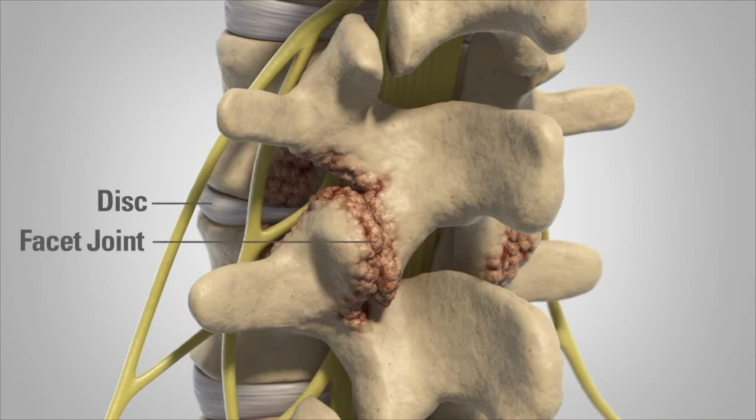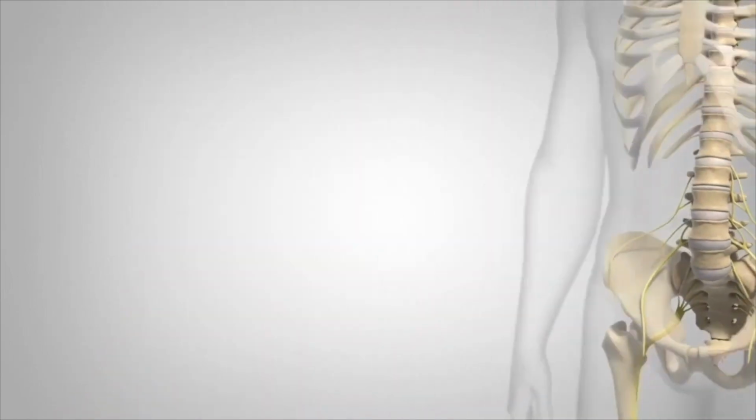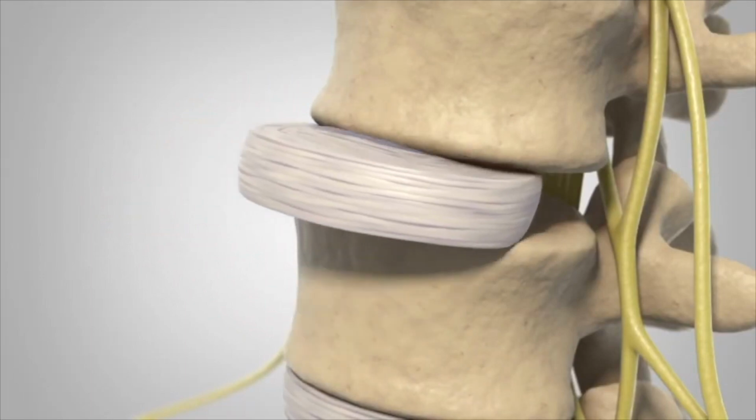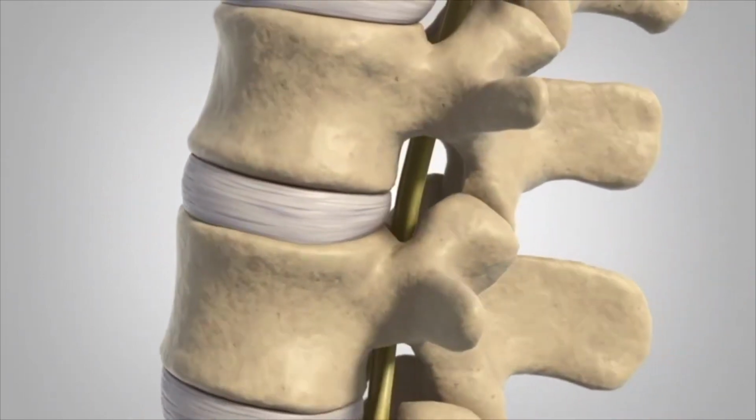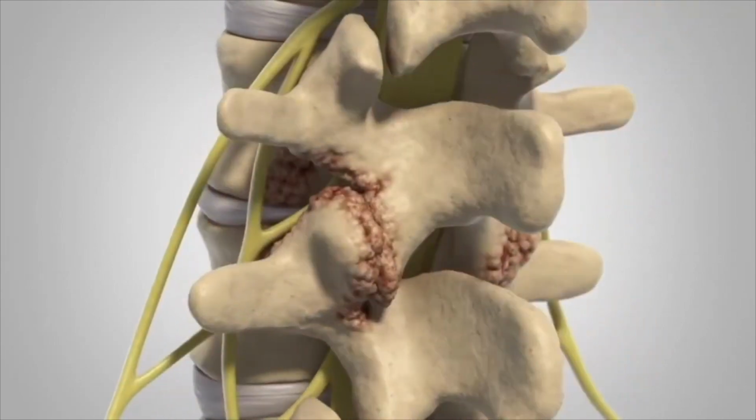On the other hand, degenerative disc disease happens when the disc loses hydration and starts to flatten, and the intervertebral foramina also start to narrow. This results in disc bulges that push into the spinal canal and the facet joint and accelerate their degeneration.